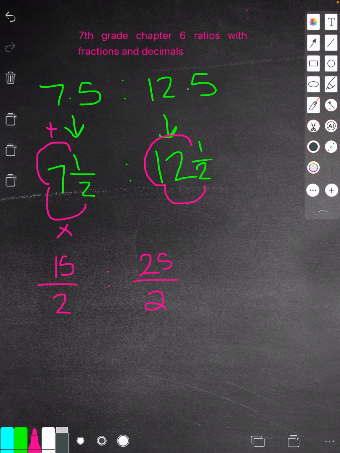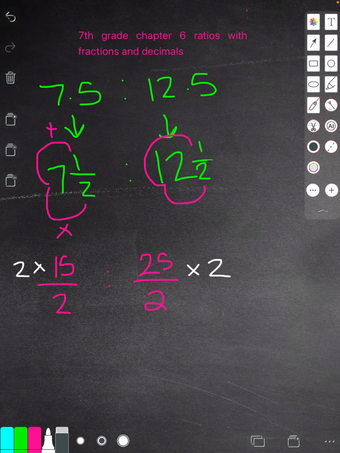All right, the next part here is to get rid of the denominator. To get rid of our denominator, we have to multiply both sides by 2. And let me show you why we can do that. So let's look at 15 for a minute.